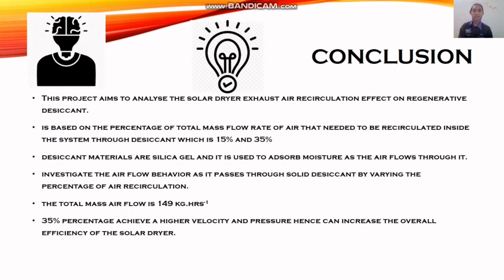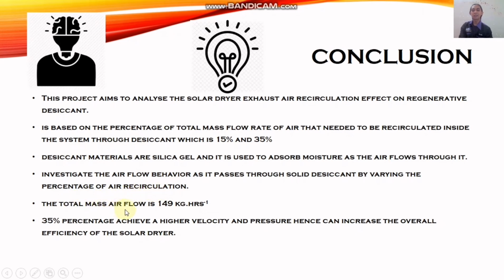The desiccant material is silica gel, and it is used to absorb moisture as the air flows through it. It is to investigate the airflow behavior as it passes through the solid desiccant by varying the percentage of air recirculated. So this is the main thing investigated in this project.